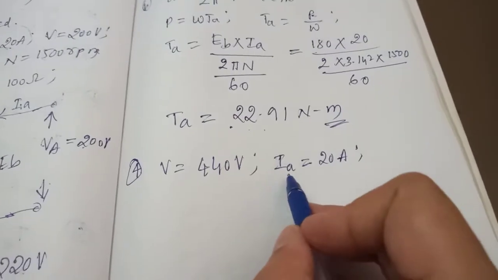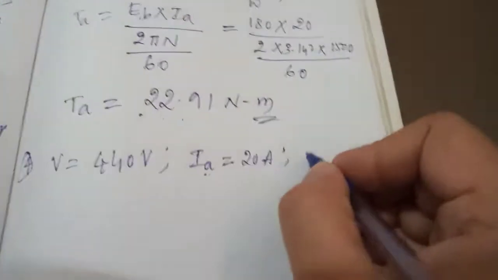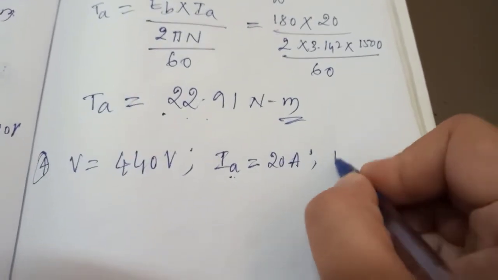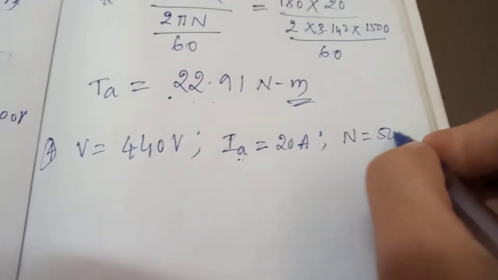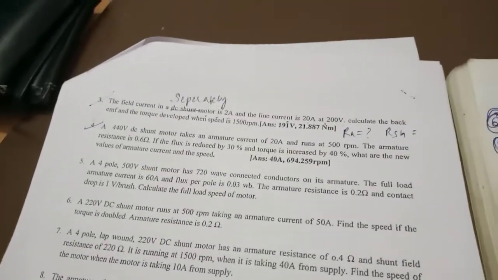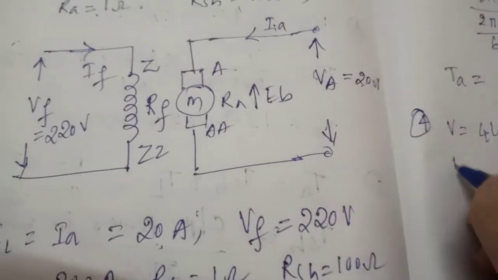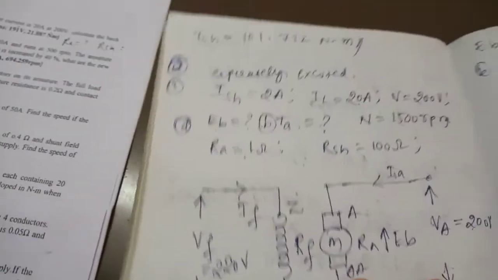So IA is equal to 20 amps and it runs at 500 rpm, so N is equal to 500 rpm. The armature resistance is 0.6 ohm, so RA is equal to 0.6 ohm.